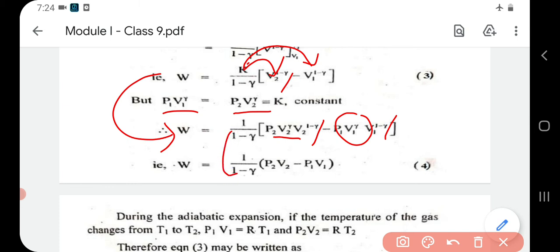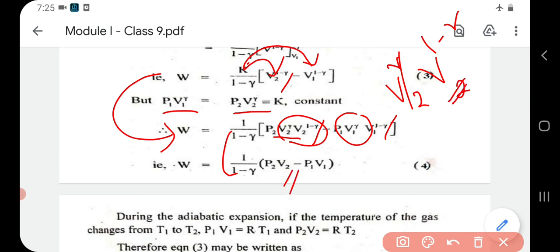Here this will be P2 V2. Why? Because V2 raised to gamma and V2 raised to 1 minus gamma will get cancelled, so what remains will be only V2.